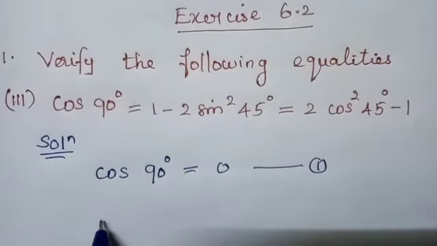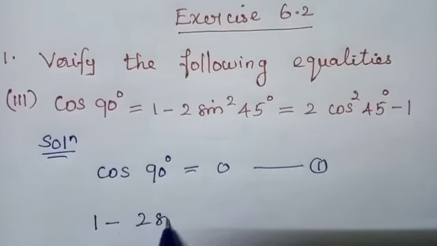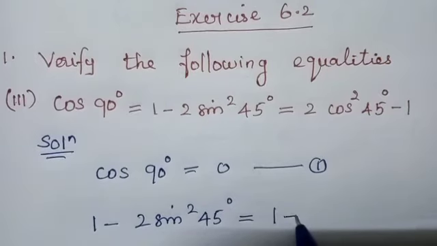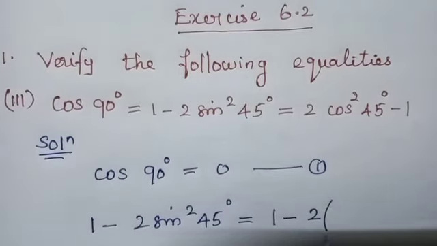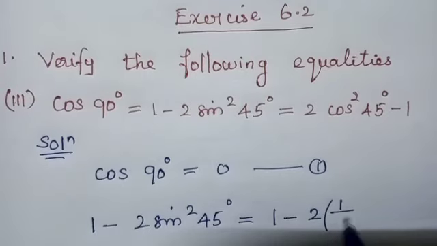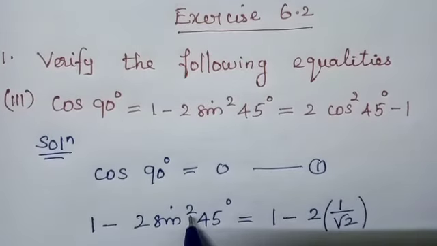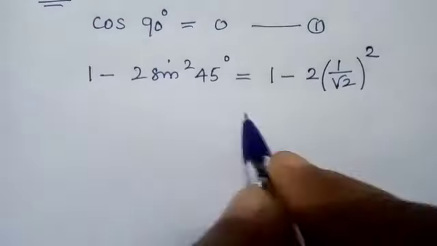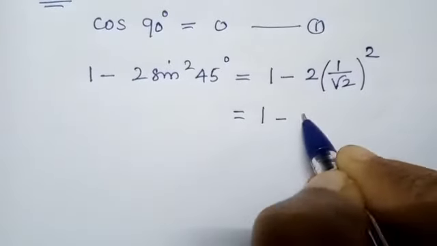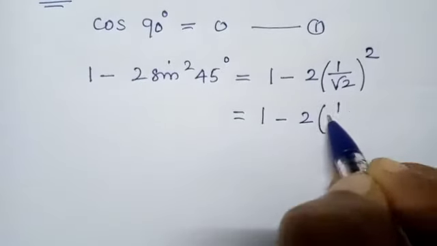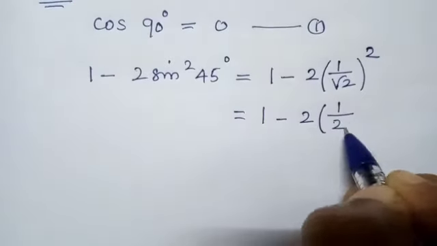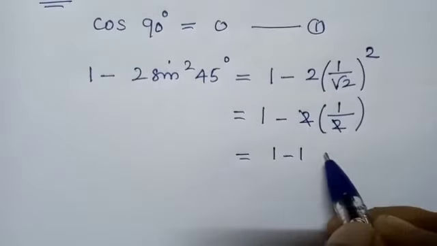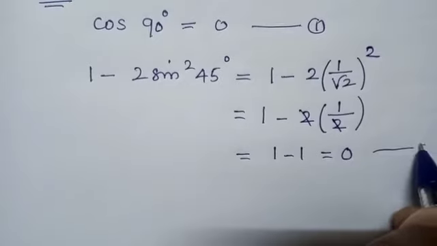Then the second part: 1 minus 2 sin square 45 degree equals 1 minus 2 into sin 45 is 1 by root 2, here sin square 45 is 1 by root 2 the whole square, which is equal to 1 minus 2 into 1 square is 1, root 2 the whole square equal to 2. We can cancel 2 and 2, remaining 1 minus 1 equal to 0. Right?